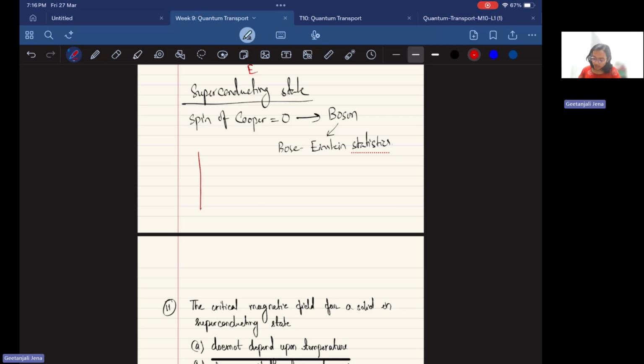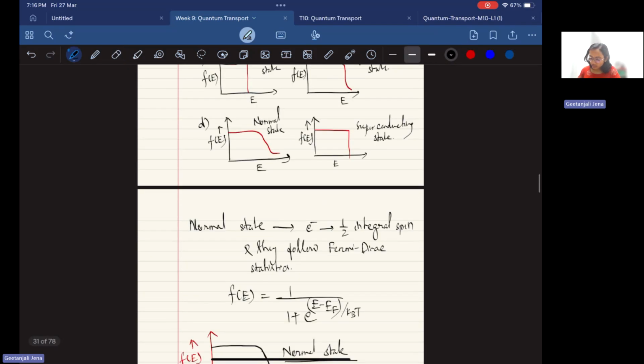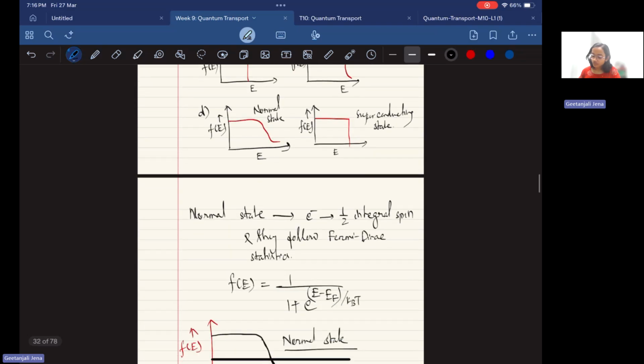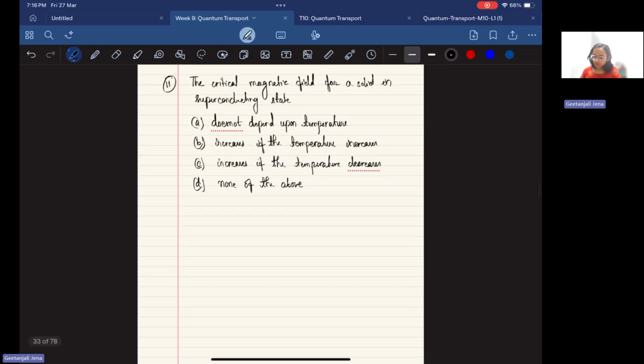And the Bose-Einstein statistics looks like this: F of E versus E. So it's somewhat like this, for the boson for temperature T. So that means the answer to this will be option B. Okay. So let us see our next question.